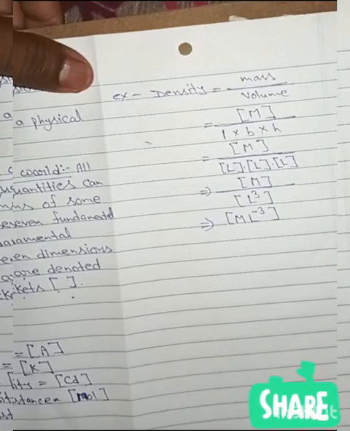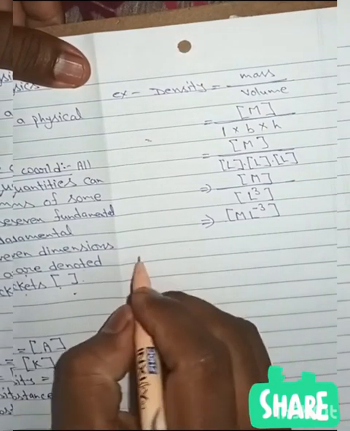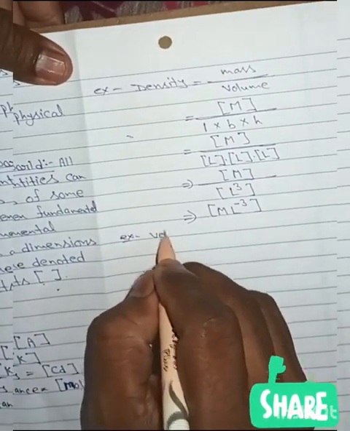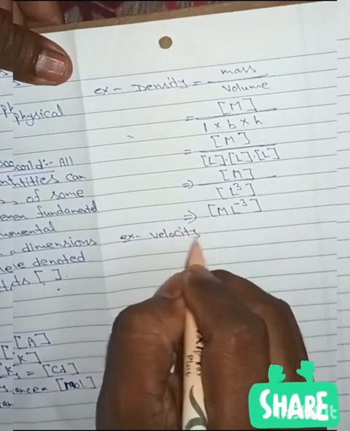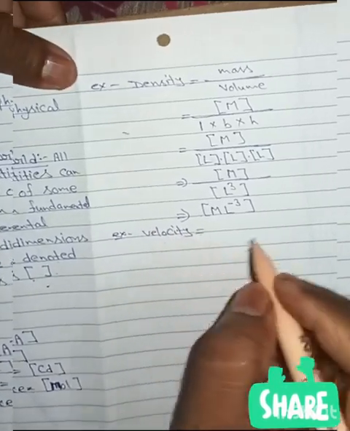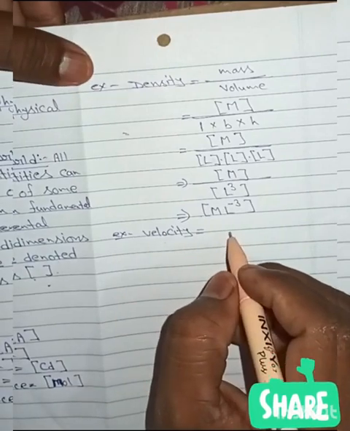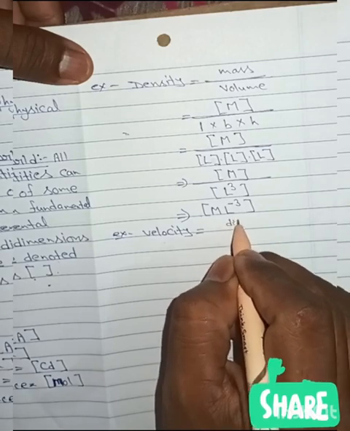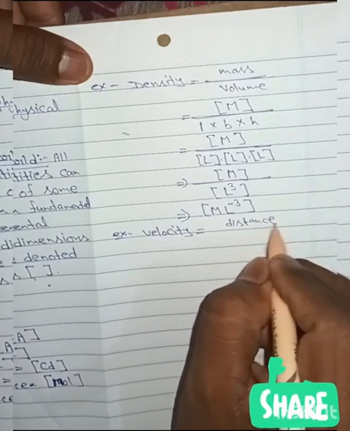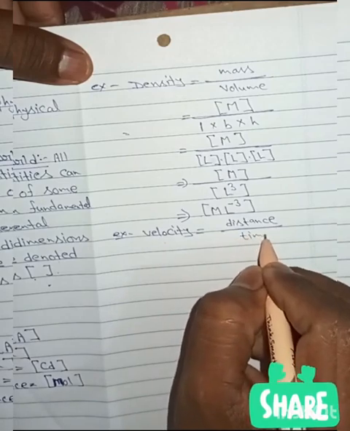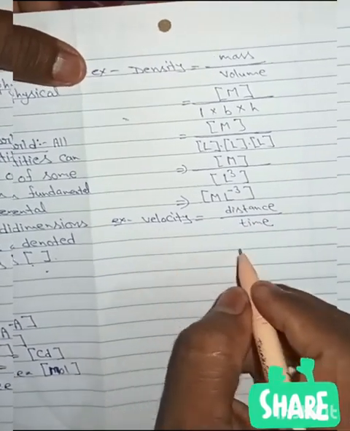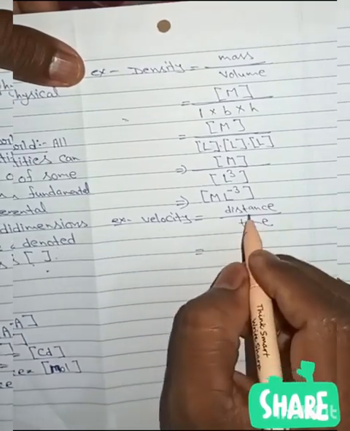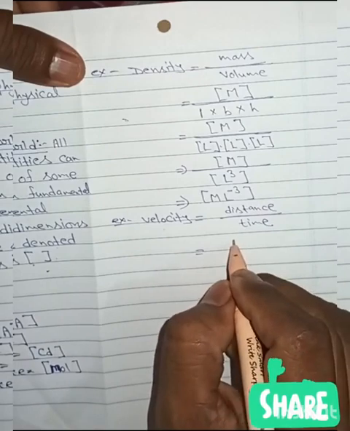Now the next example, like velocity. We know that the formula of velocity is distance upon time.